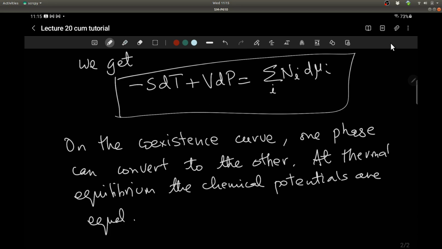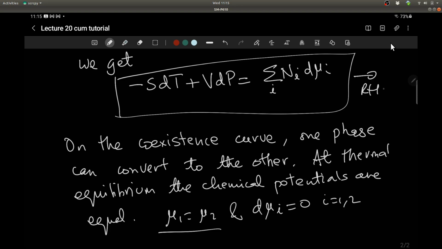Okay, and so once equilibrium is achieved, mu1 will be equal to mu2. Further, d mu i will be 0 because it has achieved equilibrium. So the right hand side of this equation is 0.